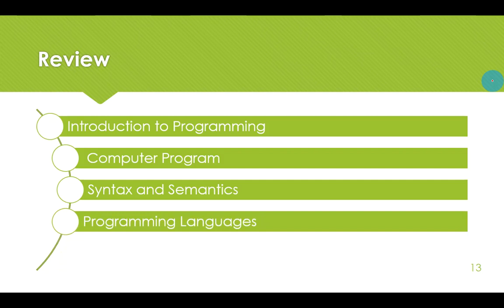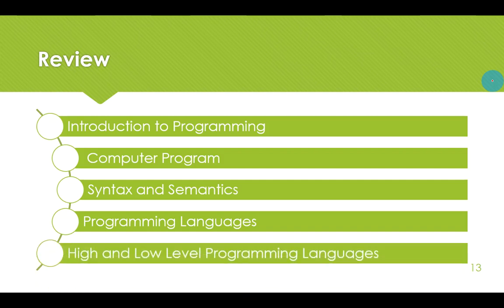Programming languages are the languages which are understandable by a computer and are used to write computer programs. Then high level and low level languages. High level languages are English like languages, understandable by human beings and difficult for the computer system, and low level languages are directly understandable by the computer system and difficult for human beings.